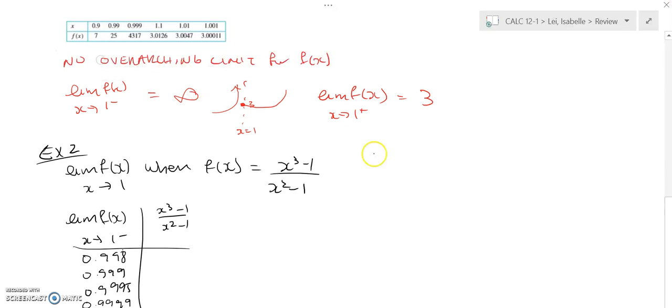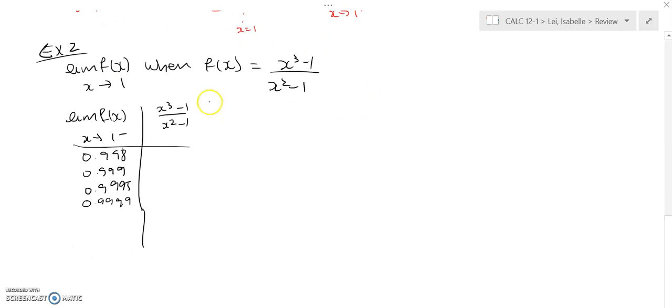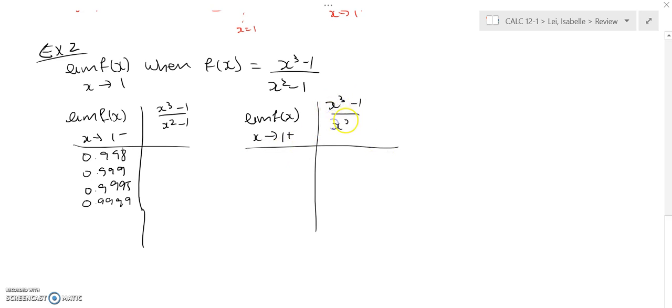And then for the second part, we can do it from the right side, so the limit of f of x as x is approaching 1 from the right side, and then our y values will be x cubed minus 1 over x squared minus 1. So you can take the time now to calculate the values.